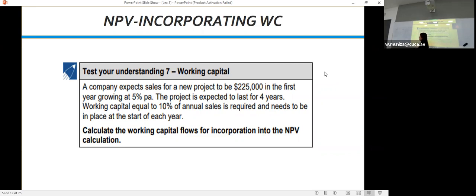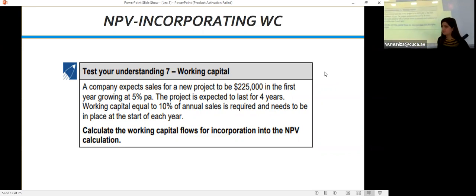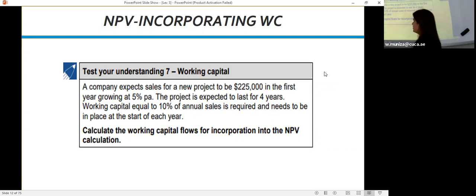So incorporate the growth factor in it: 1 plus g raised to the power n. Second year, 236,250. Then 248,063.